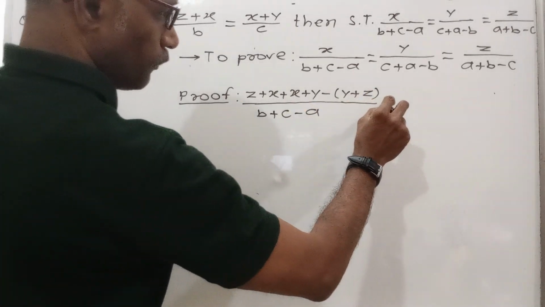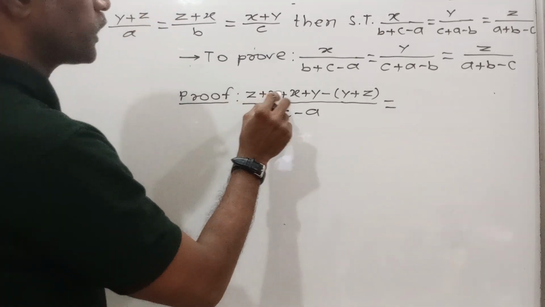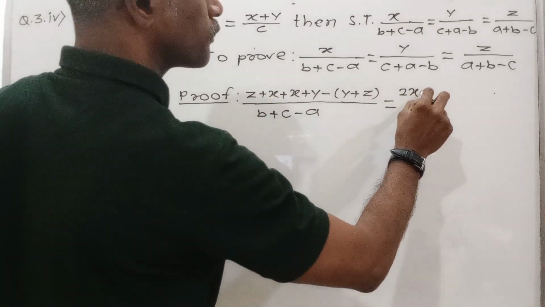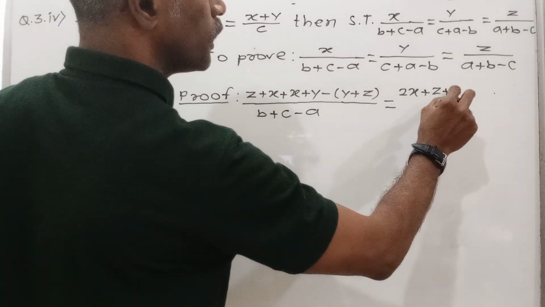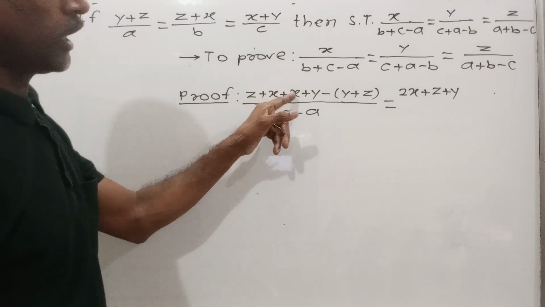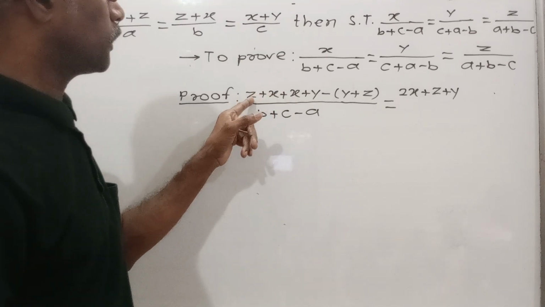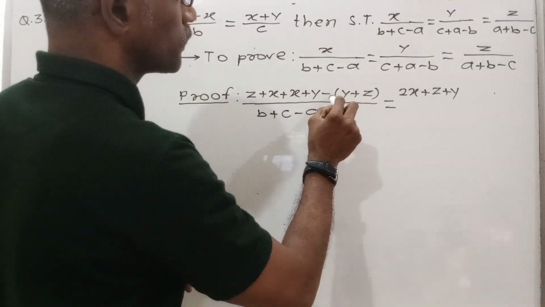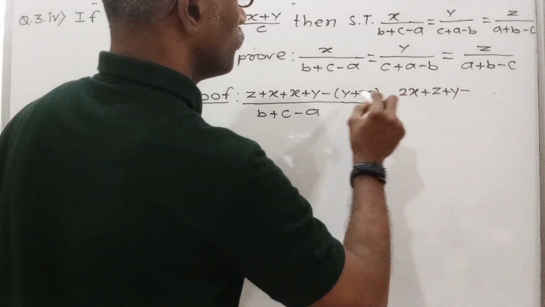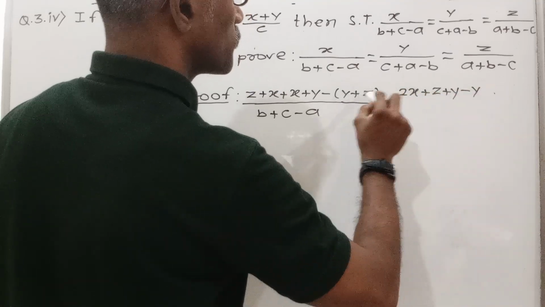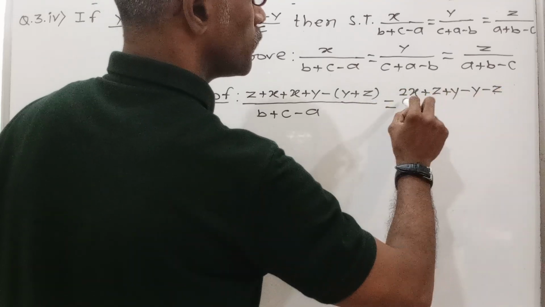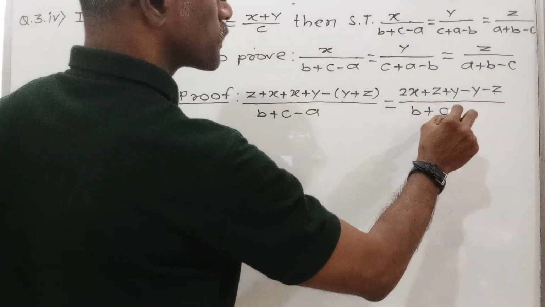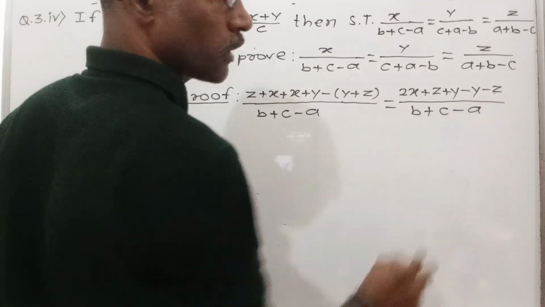Now I will write here: x plus x, 2x, then plus z plus y. Then minus sign, so the internal sign changes, plus becomes minus, upon b plus c minus a.